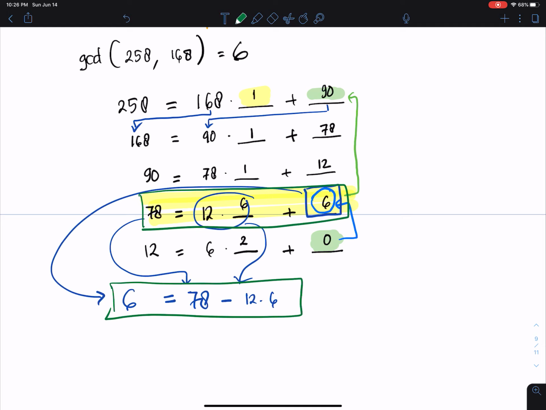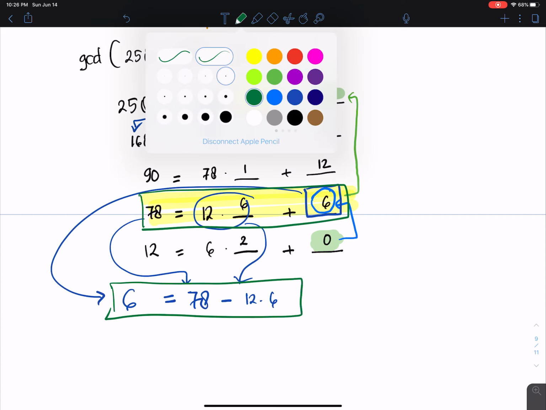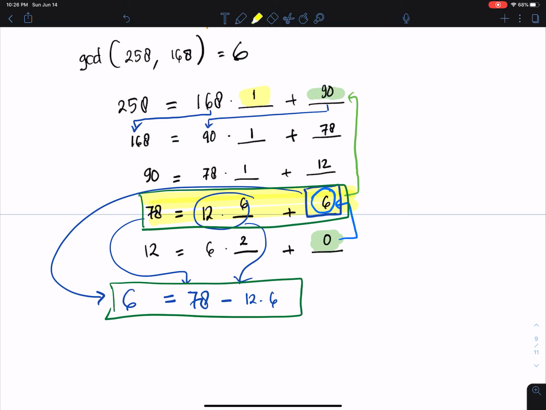Okay, so now what next? Then we move to the top, but I would like to do a little bit of arrangement in here. Over here you see is 12 times 6, as we have here also 12 times 6, but 6 is the number that we multiply, or I will call that the coefficient of 12.